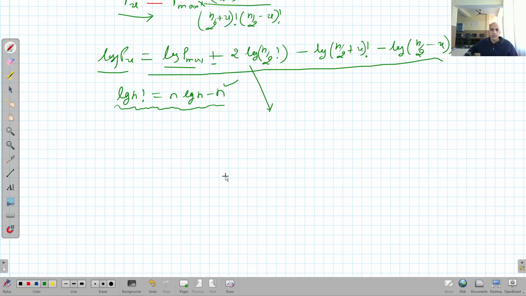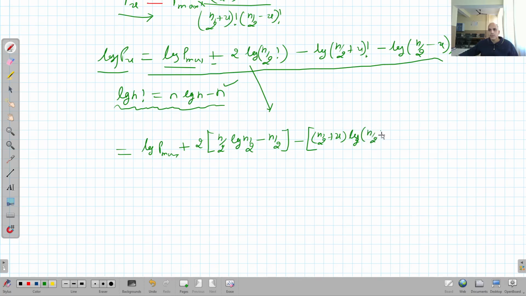when I apply the Stirling formula, this side will become log of P maximum plus 2 log of (n/2) factorial, meaning n/2 log of n/2 minus n/2, minus (n/2 plus x) log of (n/2 plus x) minus (n/2 plus x), similarly minus (n/2 minus x) log of (n/2 minus x) minus (n/2 minus x).